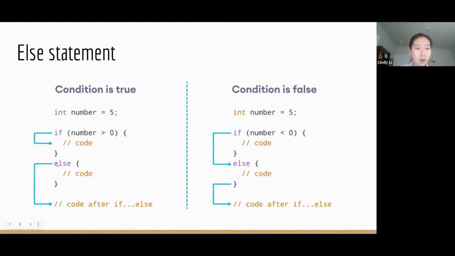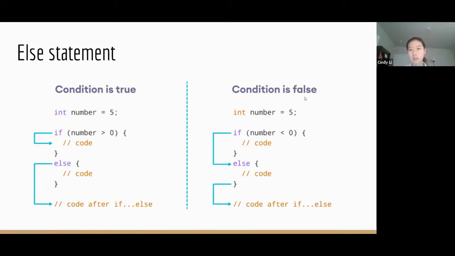So the computer automatically skips everything in the else block, which includes everything inside these two braces, and it goes straight to the next line, whatever code comes after. So the first thing that the computer executes is this line, then this set of instructions, then it skips this set of instructions and executes this set of instructions.